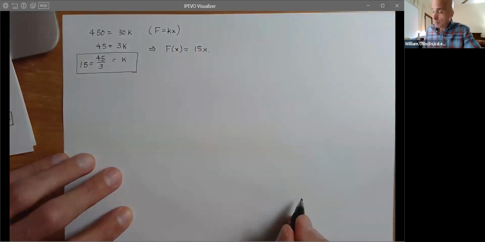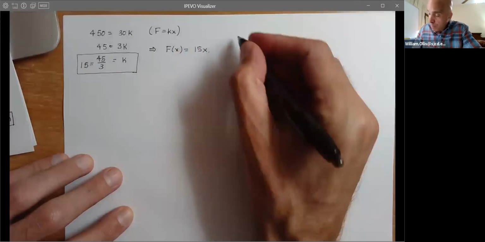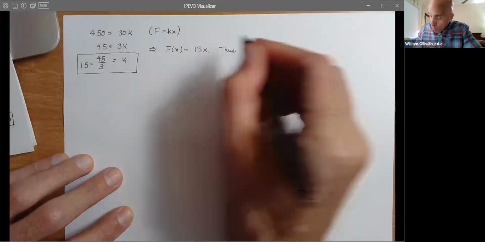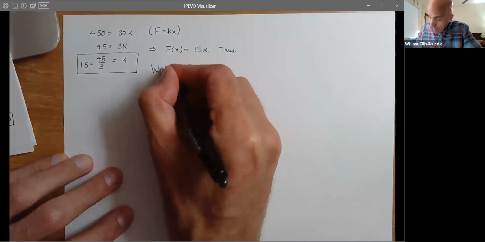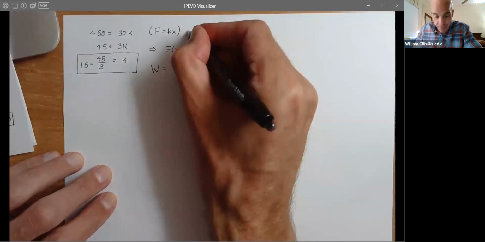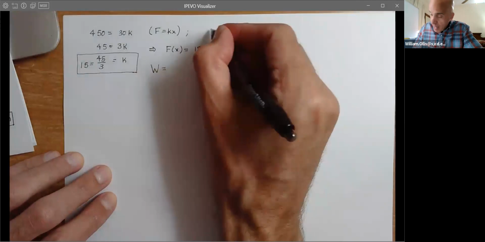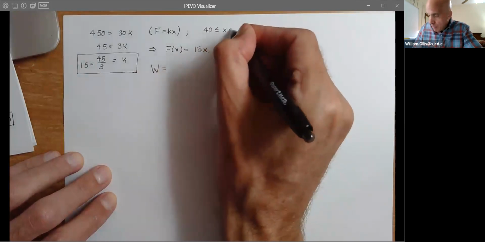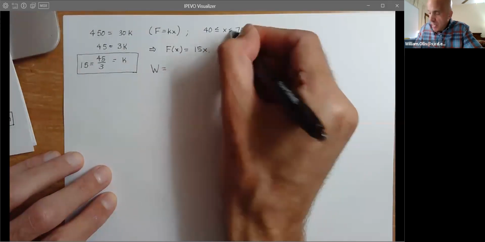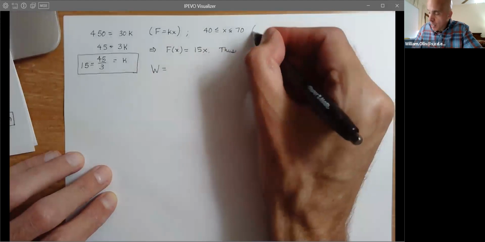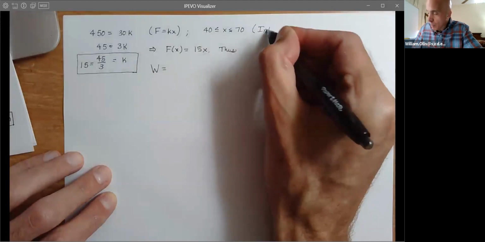So very simple. So now, thus, work, and we will let x run from 40 centimeters to 70. So we need the work to stretch from 40 to 70. So this is the interval of integration.